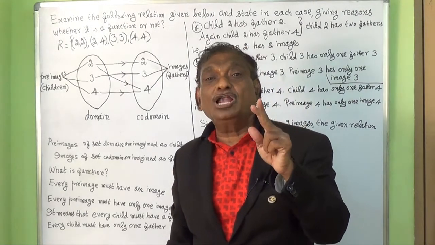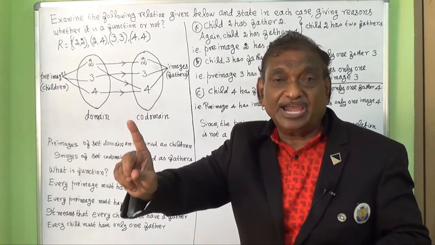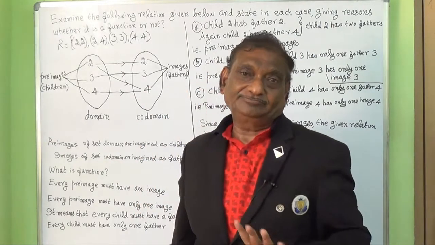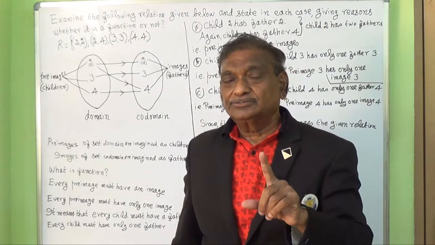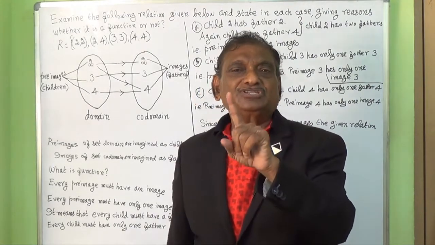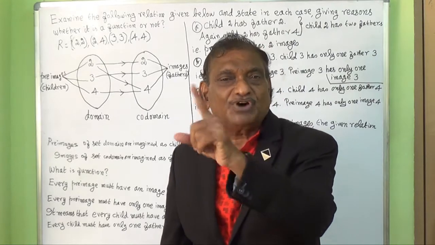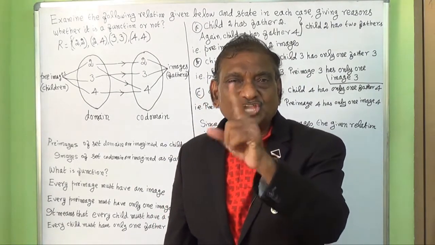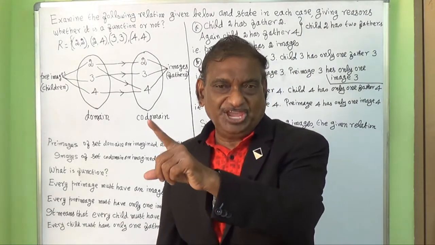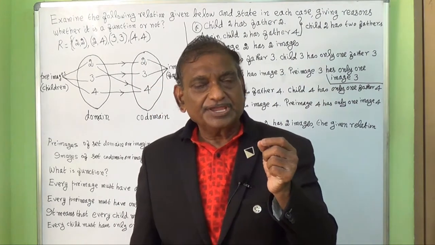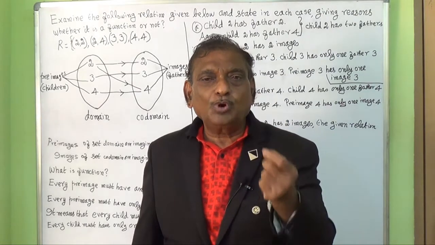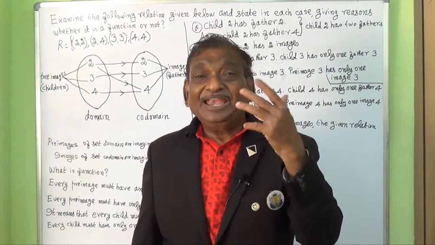This function is called a many to one function. That is, many children to one father. If there is only one child to each father, that function is called a one to one function. That is, one child to one father. That is, one pre-image to one image. We are going to see the one to one function, many to one function, and onto function in the next sums.